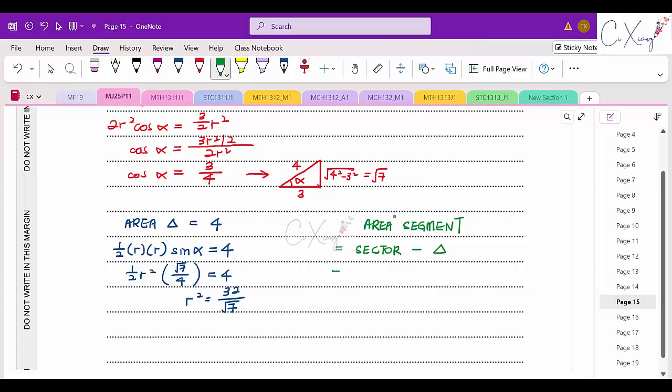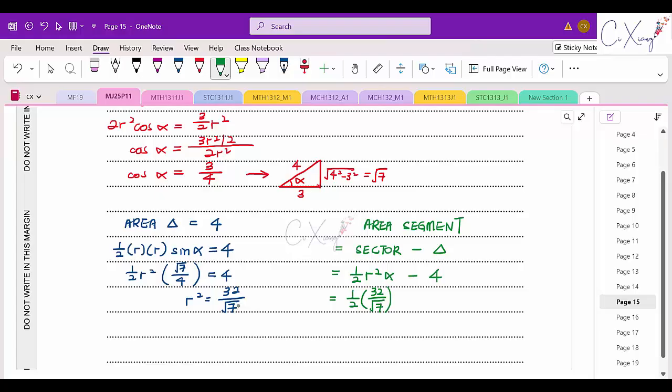What is the formula for the area of a sector? It will be half r squared alpha, then minus the area of the triangle, which is 4, because they already told us just now. Okay, let's substitute in the values here. I'm having half r squared, so for r squared, I directly substitute this value, 32 over 7.